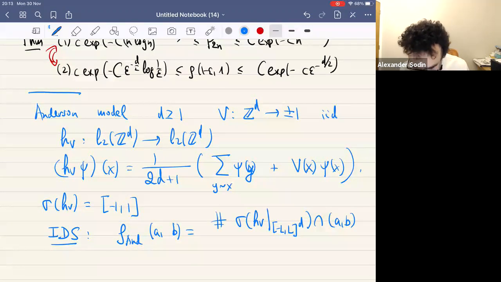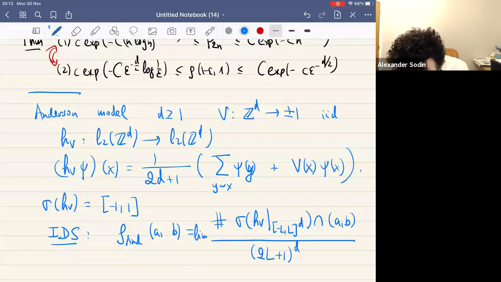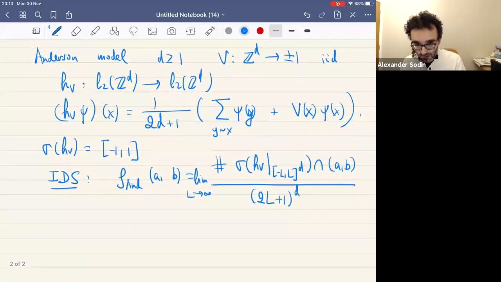We count how many of these there are, and we divide by the total number of eigenvalues, which is the size of this matrix, and then we take the limit as L goes to infinity. So it's the natural way to measure how the eigenvalues in finite volume are distributed.